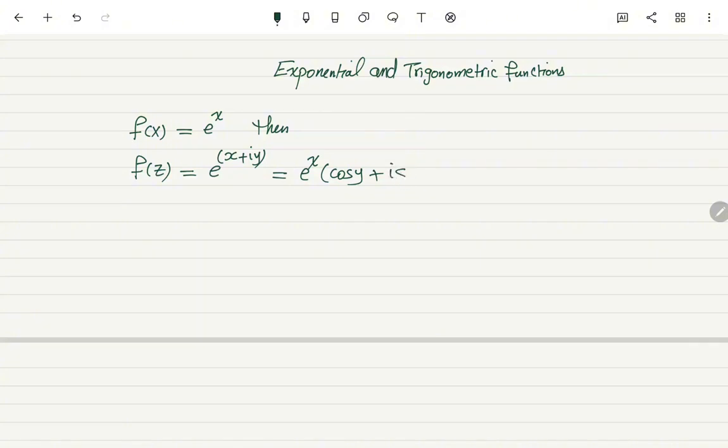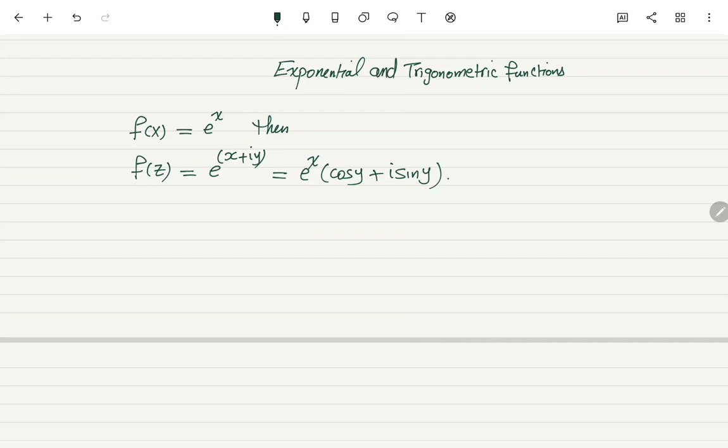Now, if the exponential function of a real variable f of x equals e to x, then the corresponding function of a complex variable z is f of z, which in this case equals e to x plus iy, or e to x (cosine y plus i sine y).